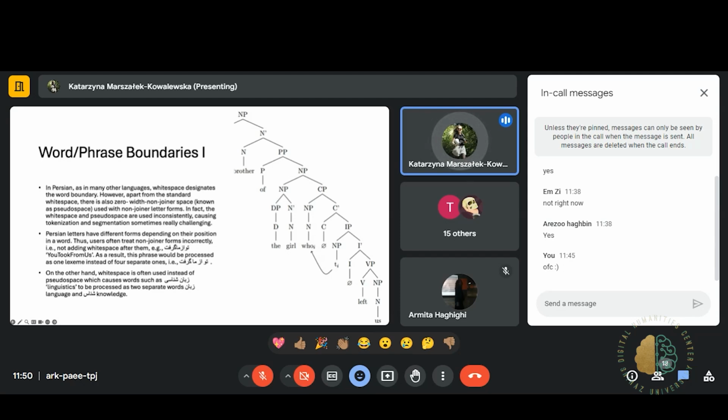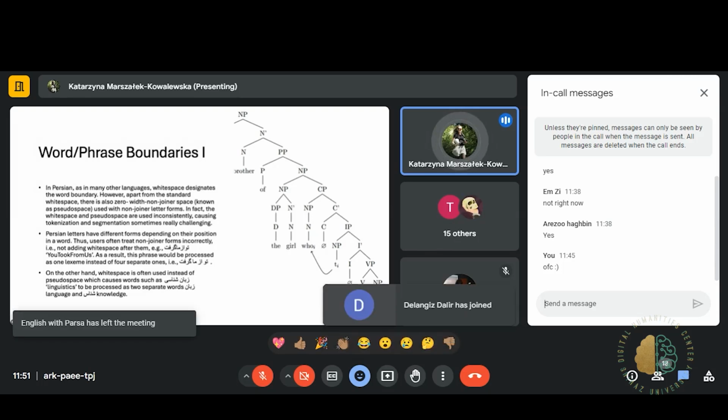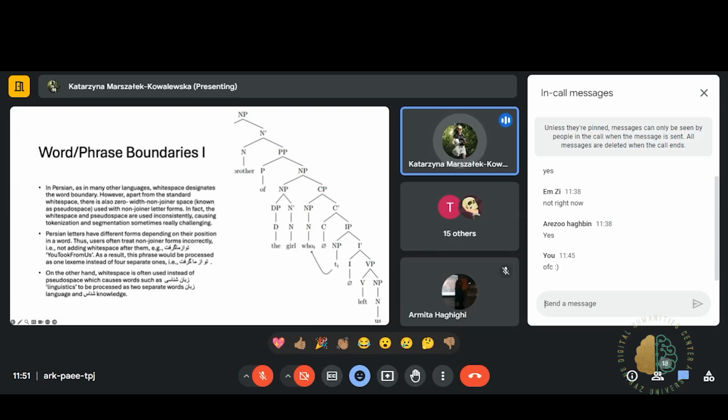Next challenging issue is the boundaries between words and phrases. As I've already mentioned, in Persian, as in many other languages, white space designates the word boundary. However, in Persian, apart from the standard white space, there is also the zero-width non-joiner space, popularly known as pseudospace.